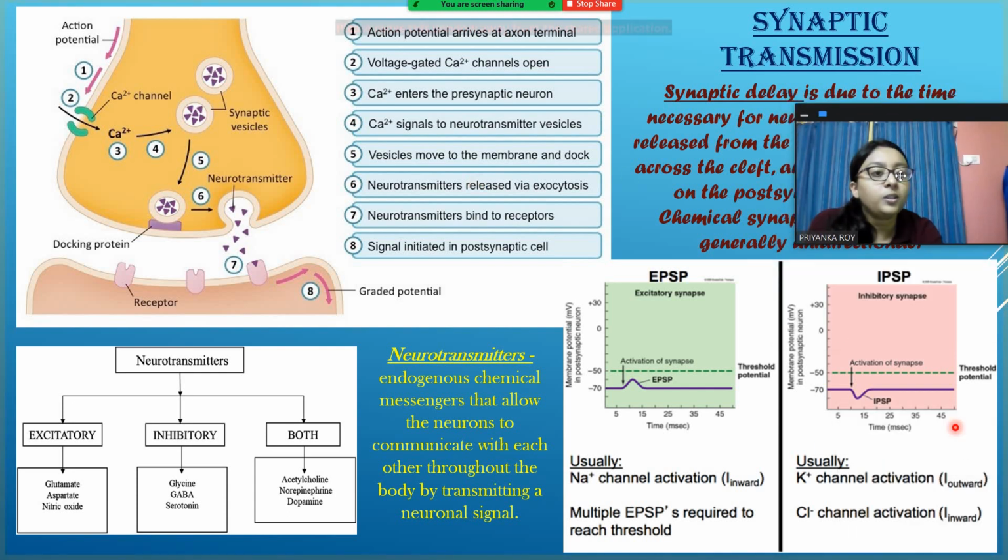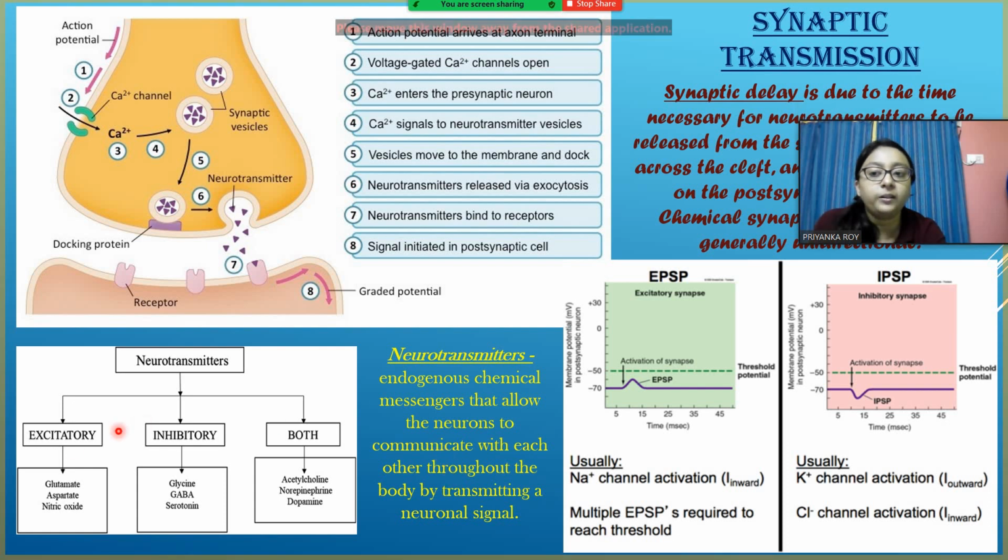Now, based on the type of neurotransmitters, whether an excitatory or an inhibitory neurotransmitter is released, there are two kinds of potentials transmitted to the next neuron. One is the excitatory postsynaptic potential, that is EPSP, and the other is the IPSP, the inhibitory postsynaptic potential. In the case of an excitatory neurotransmitter, sodium channels are activated and there is a sodium influx.